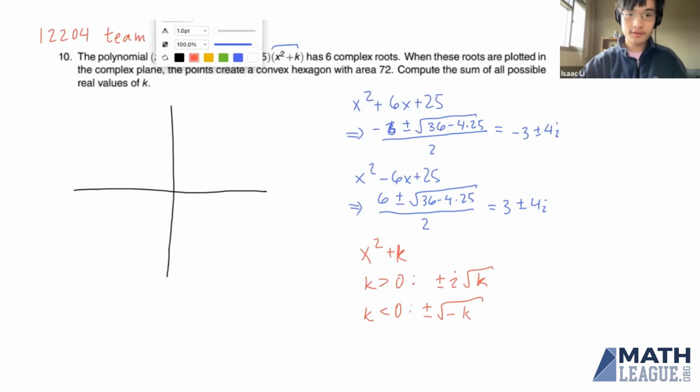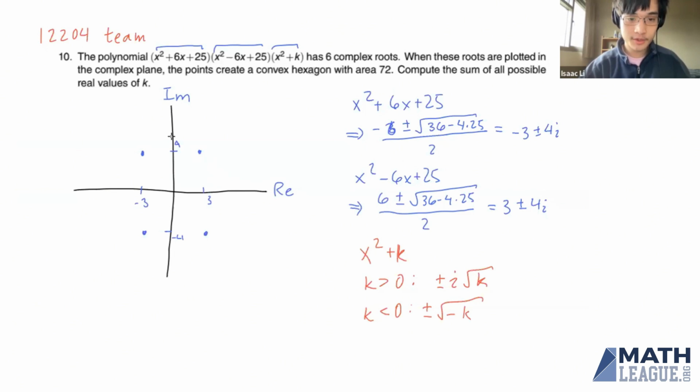Okay, so those are all of the roots, and we can try plotting them in a complex plane where we have the real and imaginary axes. These blue points here are these points here, where this is 4 and -4, this is 3 and -3. And there are 2 cases with our red points.